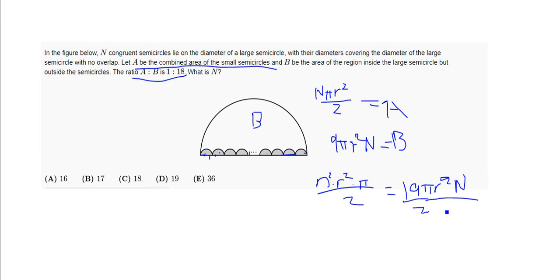The 2's cancel out each other. So n squared times r squared times pi is equal to 19 pi times r squared times n. We can cross out the r squares and the pi's. Finally we have 19n equal to n squared, and dividing both sides by n, we have n equal to 19, and that is clearly stated in this answer right here.